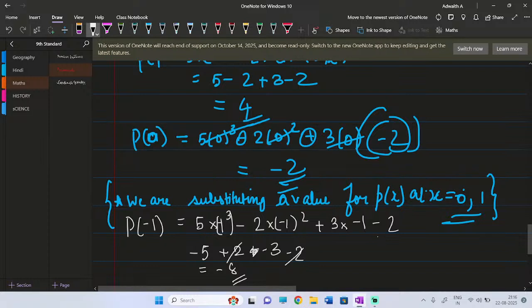Okay, we can check. 5 into 1 cube, sorry, minus 2 into 1 square plus 3 into 1 minus 2.